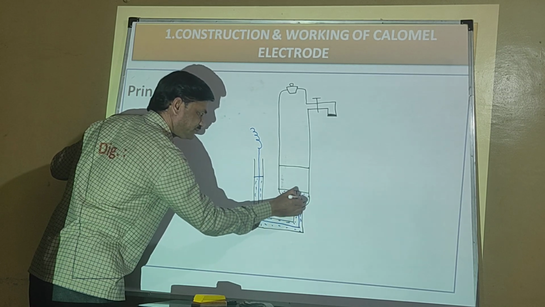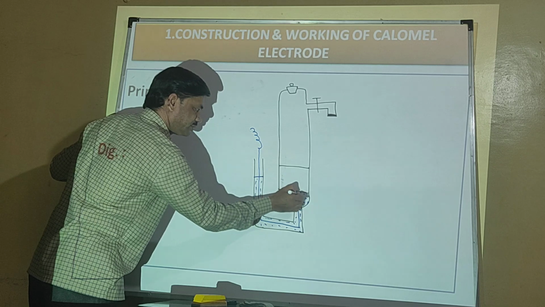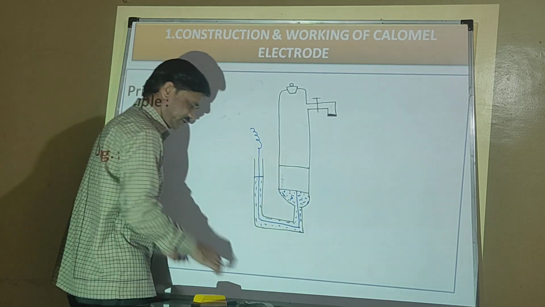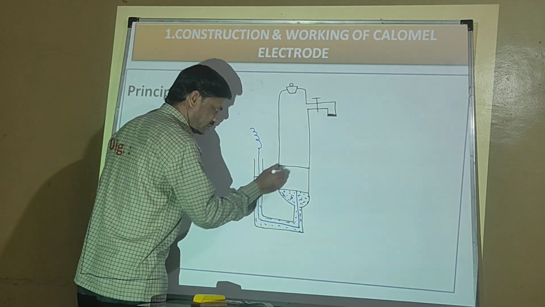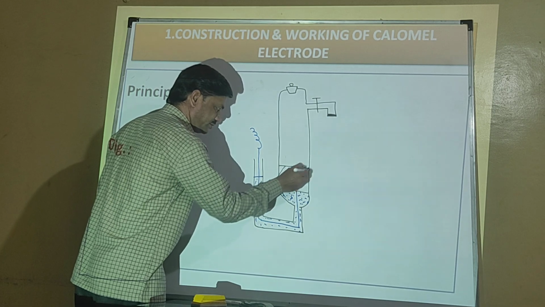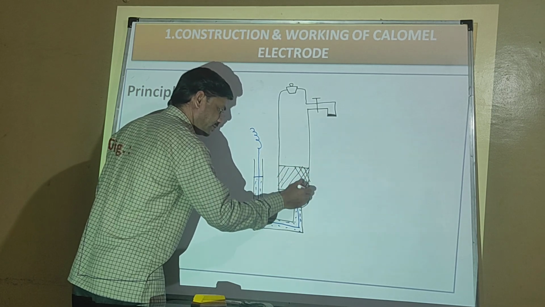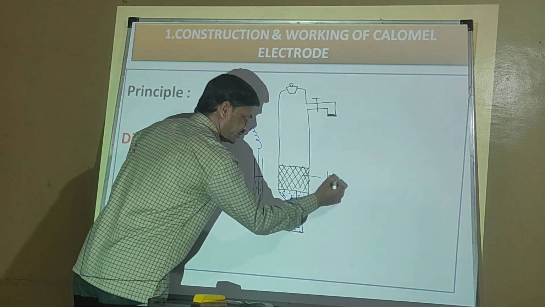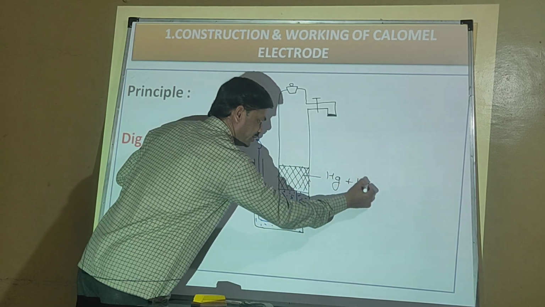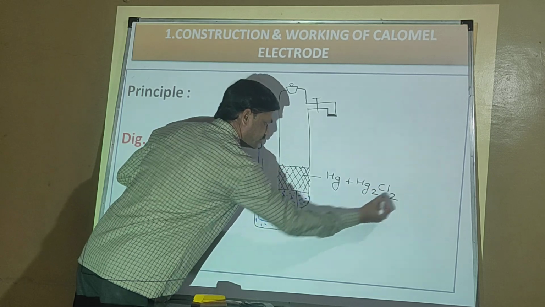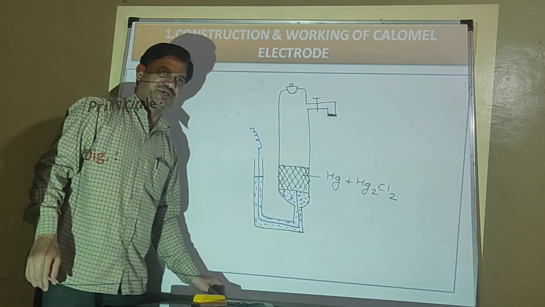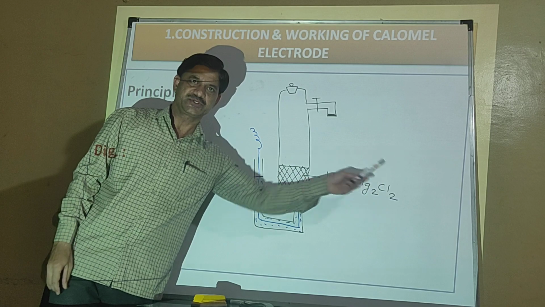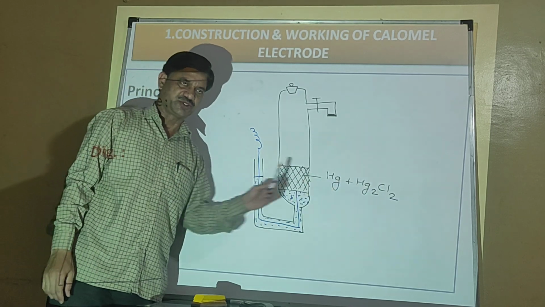After this, we are going to consider another important part in the form of this one. What does this shaded portion indicate? It is indicating Hg plus Hg2Cl2, meaning a mixture of mercury and mercurous chloride, because mercury carries +1 charge.